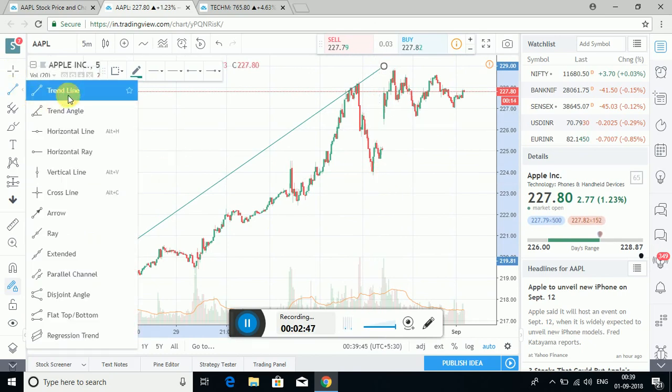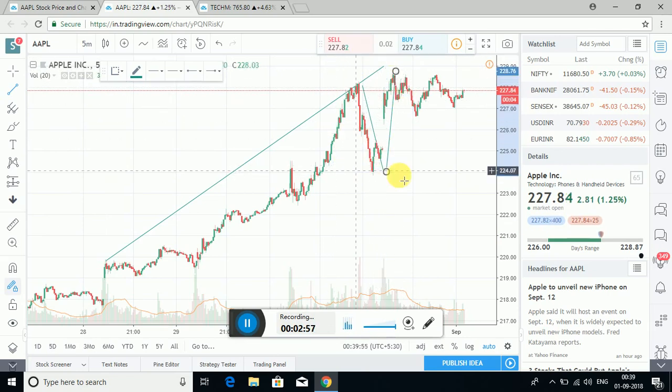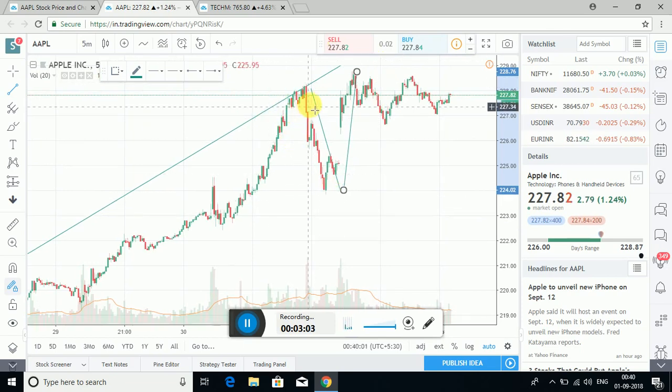If you see, this movement came, and after this movement again the stock went up, creating a V formation, which we have discussed in most of our videos, especially in our videos of rocket movements. So this V formation is an important formation because this helps us to understand the momentum of the market.